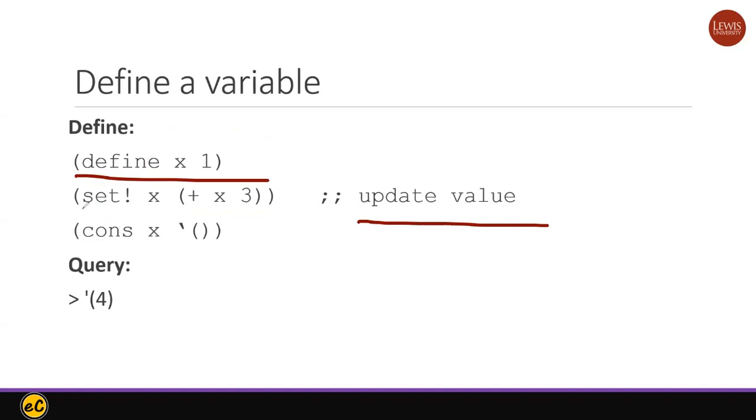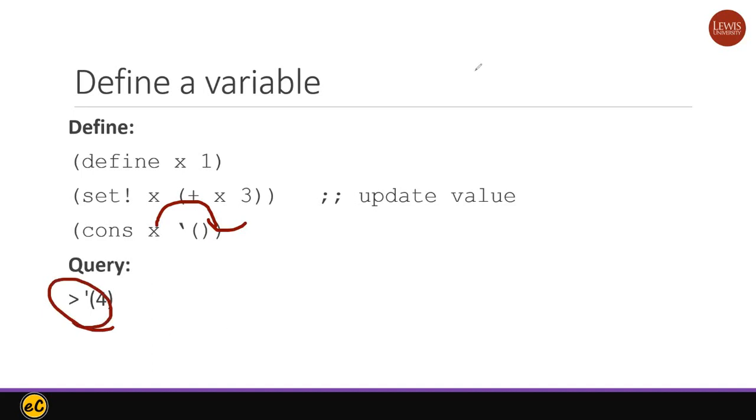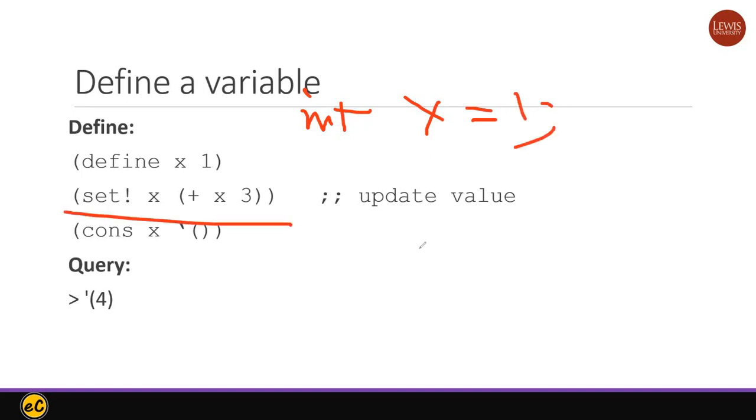Define is different from the update, set exclamation mark. Then construct x to the list, you are adding 4 to the list. Any questions so far? So this one is define. Define is like integer s equals 1. This one is like x equals x plus 3.